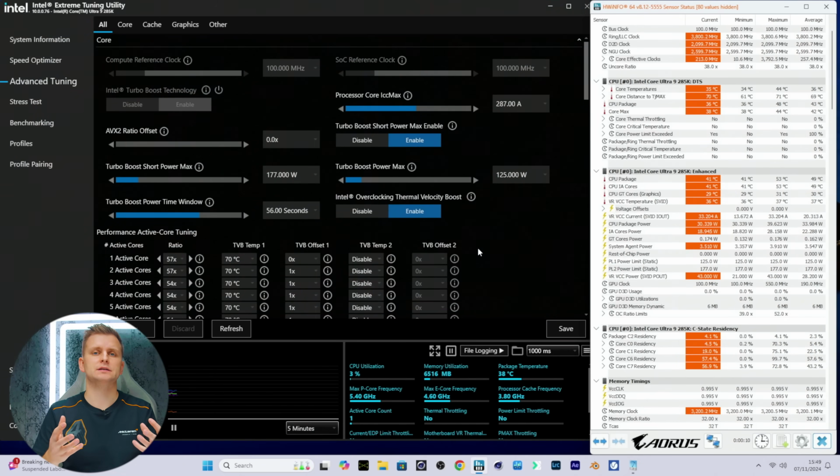I took the Core Ultra 9 and did the tests on base, performance, extreme, and then unlimited to see the actual performance difference. Firstly, you have to look at the different profiles and what power limits are attached to them.